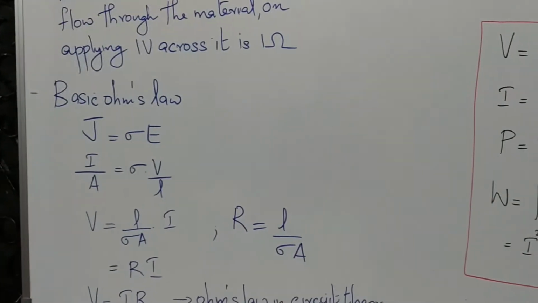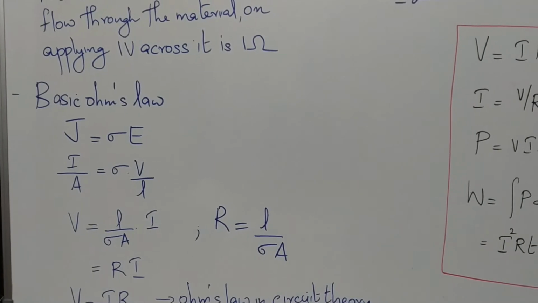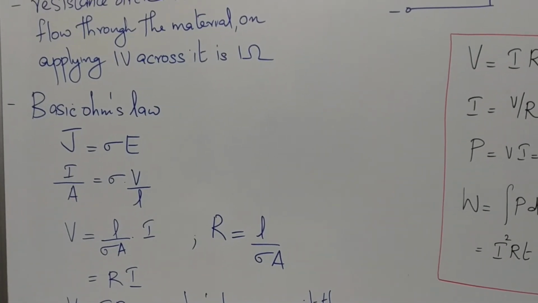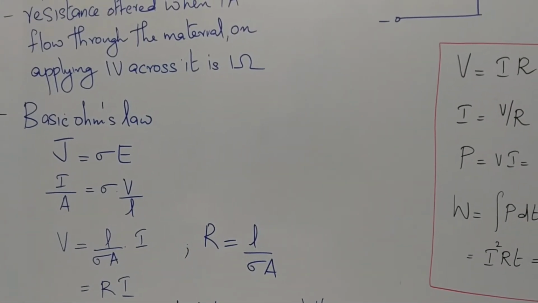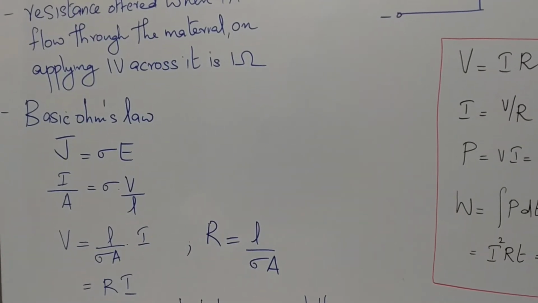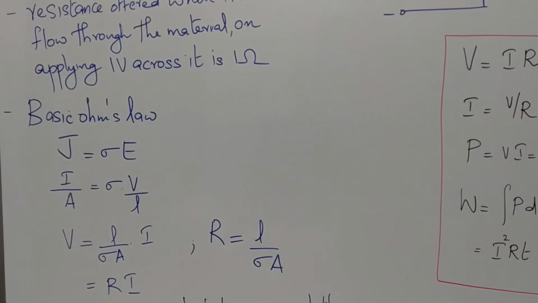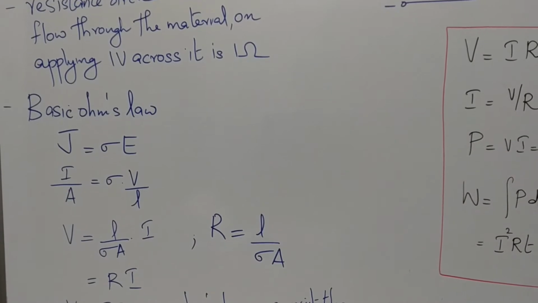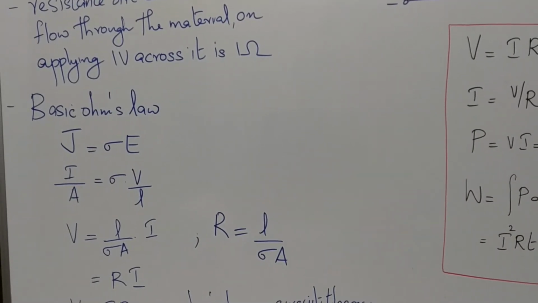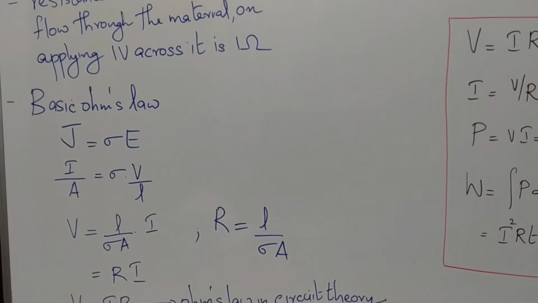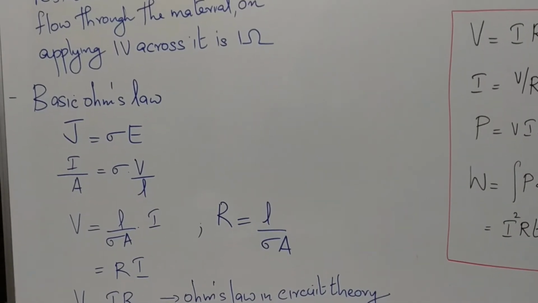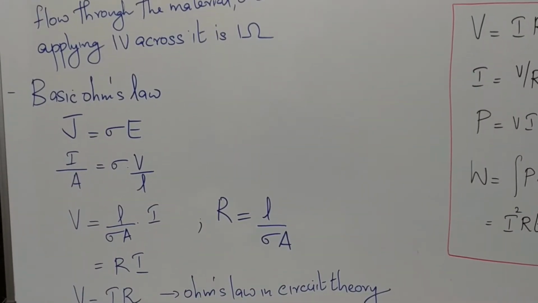Since J is current density, you can write it as I by A, which is equal to sigma into electric field, which is voltage by length of the conductor. So I by A equal to sigma into V by L. From there we can write V equal to L by sigma A into I.